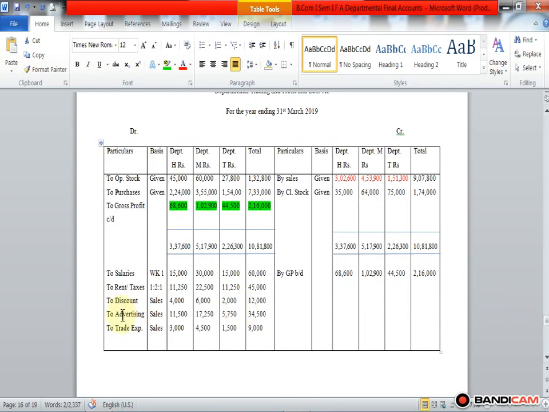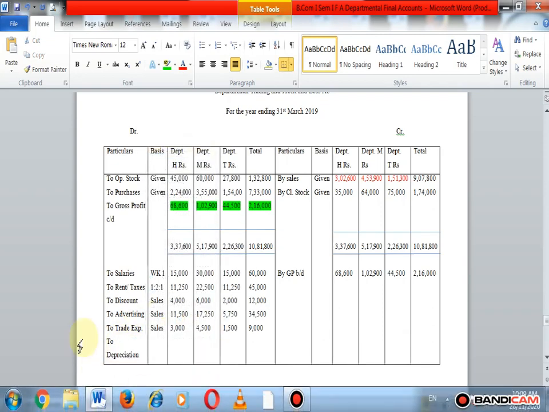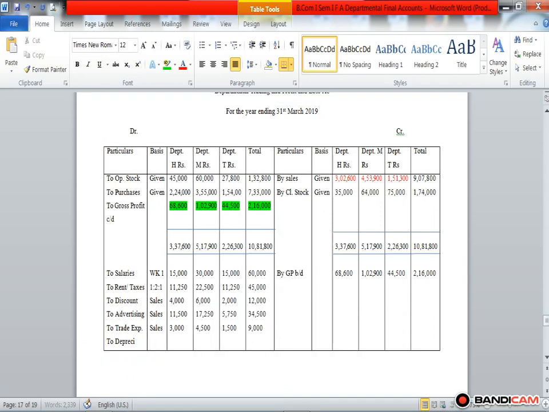So the amount of depreciation is 15,000. Depreciation full form.